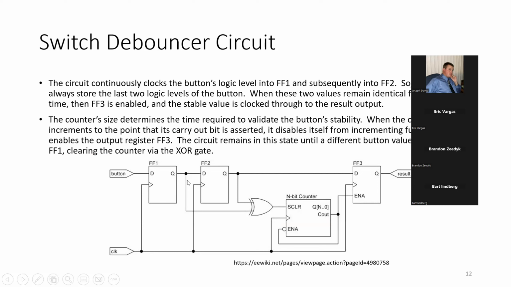The output of the first flip-flop is feeding the next flip-flop. And I am comparing the output of the first to the output of the second flip-flop. And in normal condition, the two outputs should be the same.